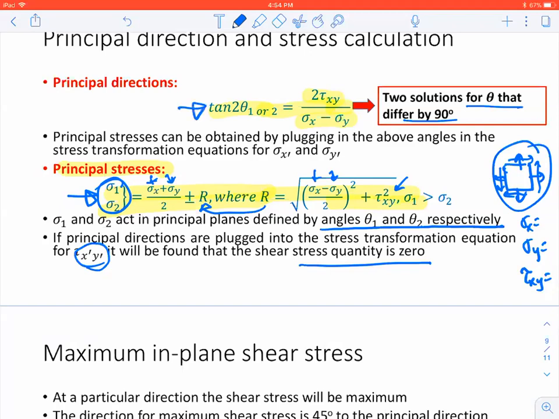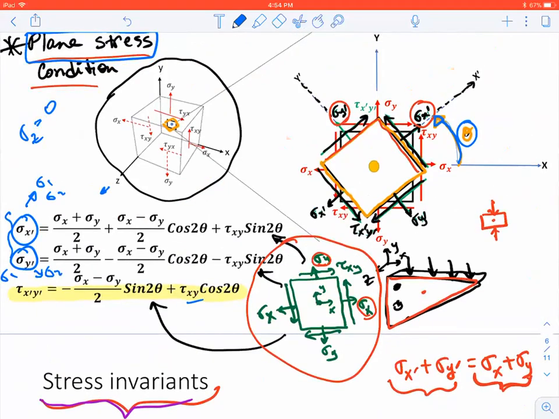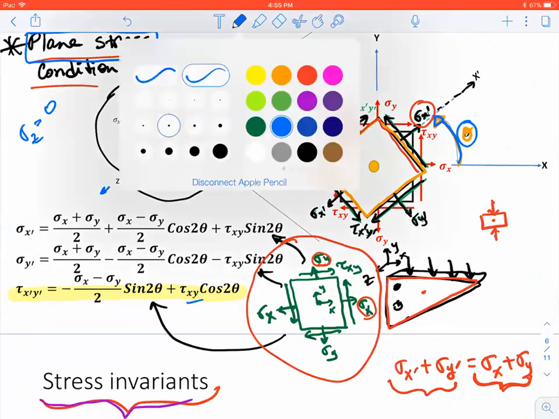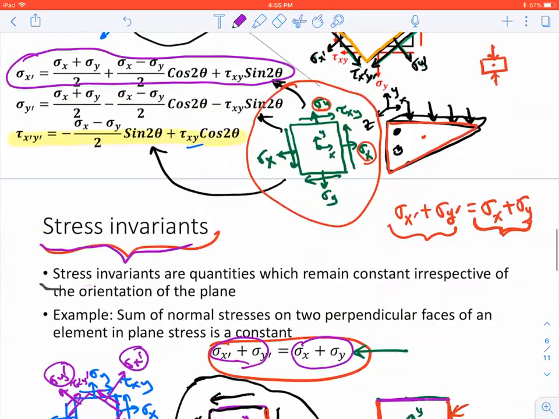But basically, you're going to get 2 theta values, and you do not know which one of those is going to be theta 1 and which one is going to be theta 2. So what you have to do is plug one of the theta values into the sigma x prime equation over here and find out how much your sigma x prime is.